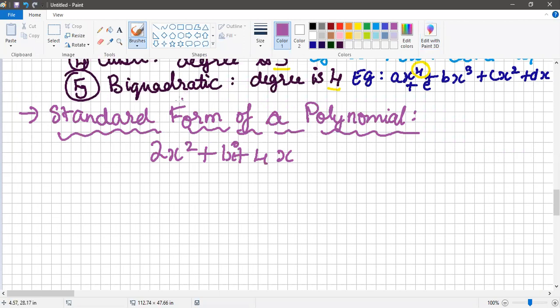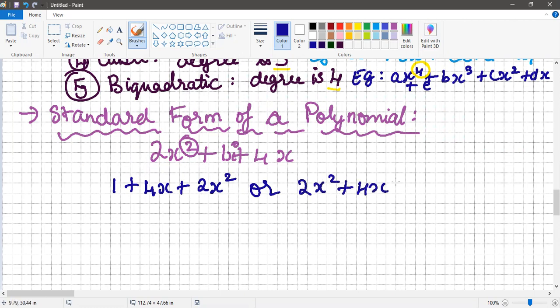So, did you understand what that is? Now, what is the degree here? We saw that the degree is 2 here. So we need to write this in either ascending order, as 1 plus 4x plus 2x squared, or as 2x squared plus 4x plus 1. You see here what is happening?